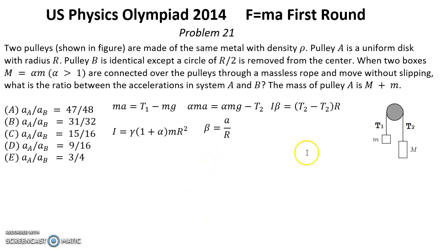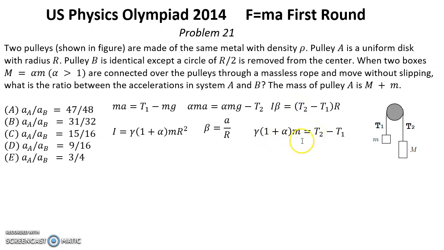Because the motion of this rope is without slipping, we have angular acceleration beta equal to linear acceleration a over radius r. And now we can insert this I and beta into the third equation for rotation. Instead of the third equation, we have this equation.